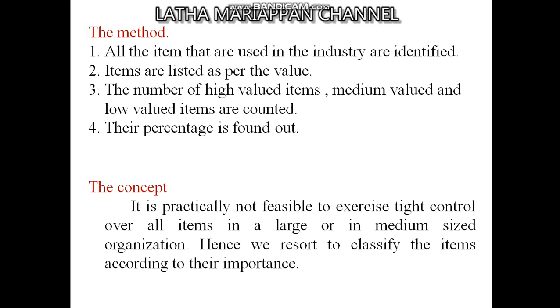The third one, the number of high valued items, medium valued items, and low valued items are counted. So, you have to count how much it will be, and that percentage you have to find out of the total. Okay. So, this is a method to identify your ABC.